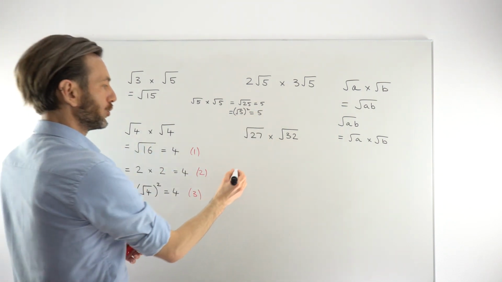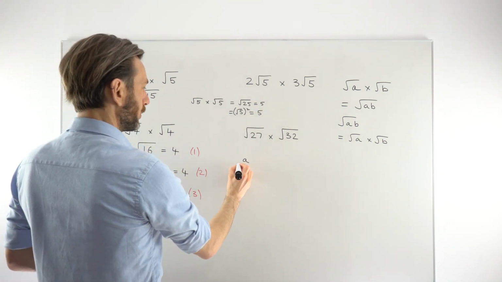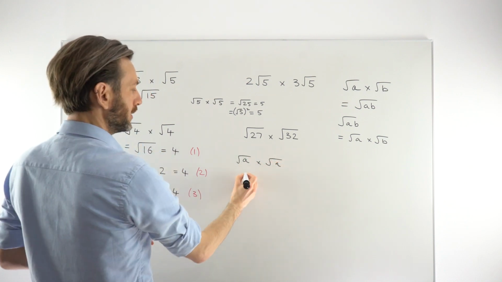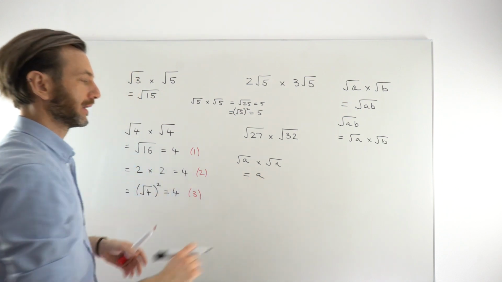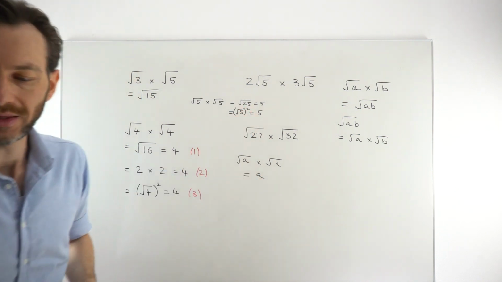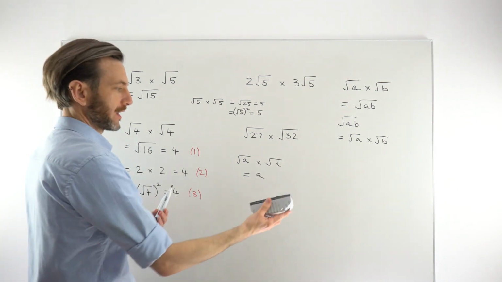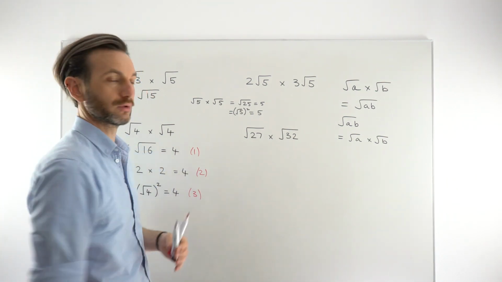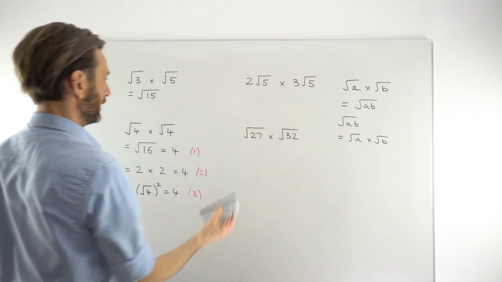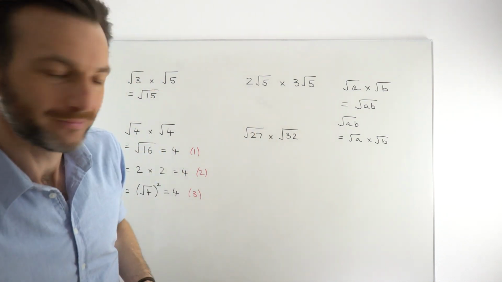However, in general, you should just know that the square root of a times the square root of a, for any number a, just gives you a, because you could think of it either way. That's a good result to know. So if you see root 7 times root 7, the answer is going to be 7. Root 20 times root 20, the answer is going to be 20, etc.